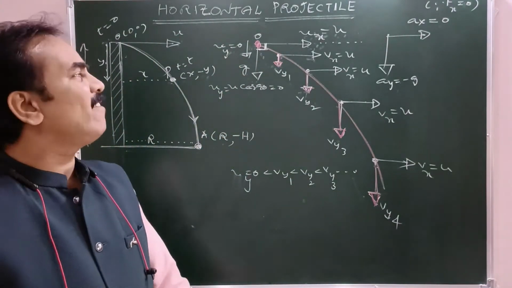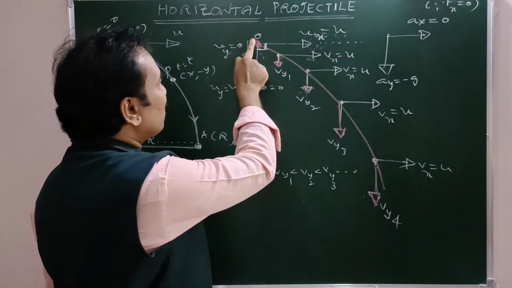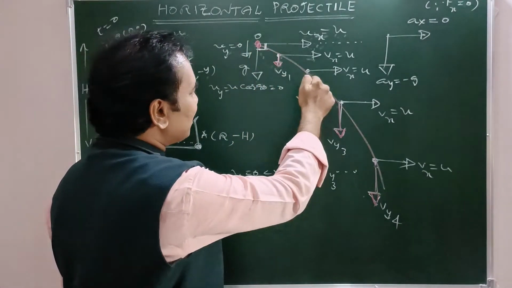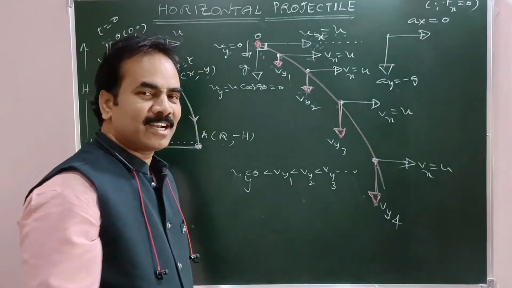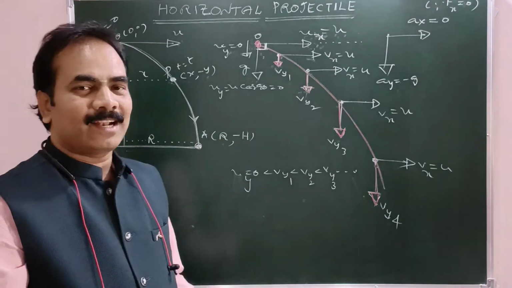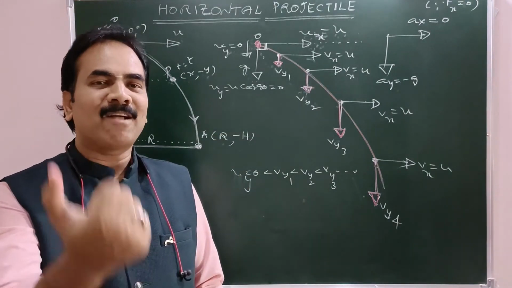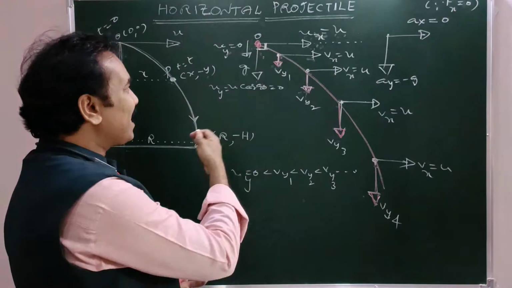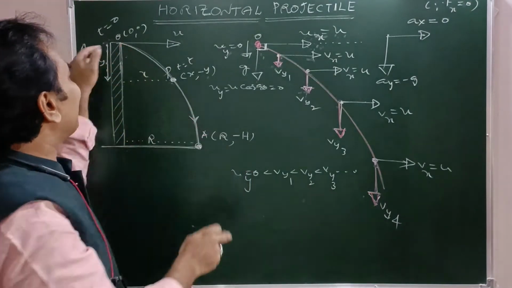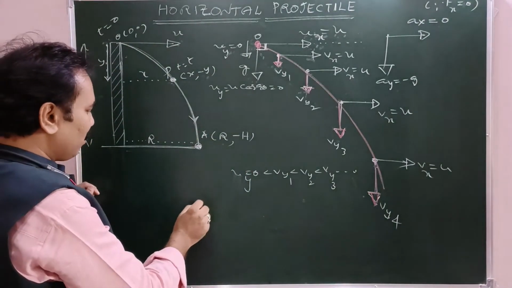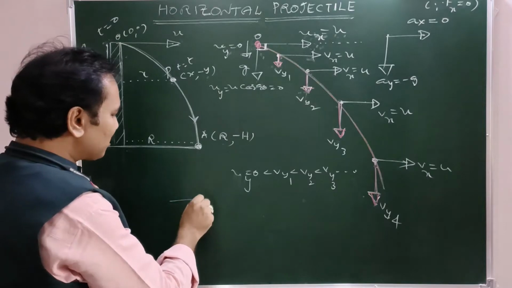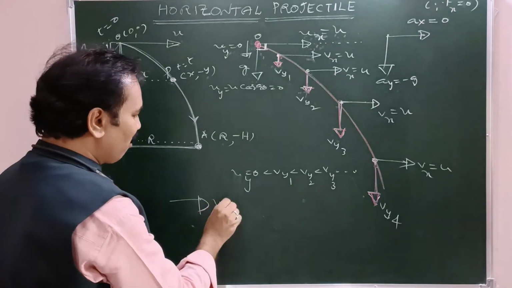In other words, a freely falling body. See here, Uy is 0, but gradually the velocity along the y-axis increases at a constant rate. That is equivalent to saying that the body is dropped freely from a certain height. So how do we assign the motion of this horizontal projectile? Two ways. Along horizontal, uniform motion.